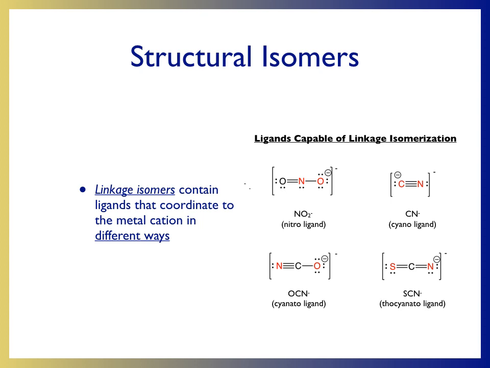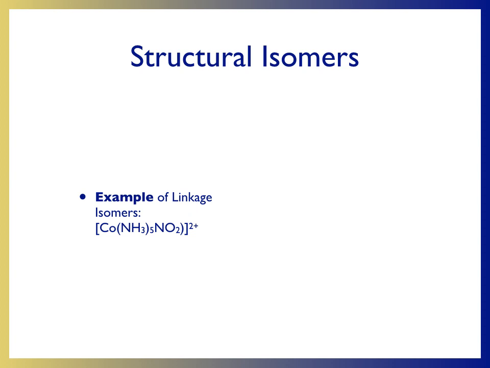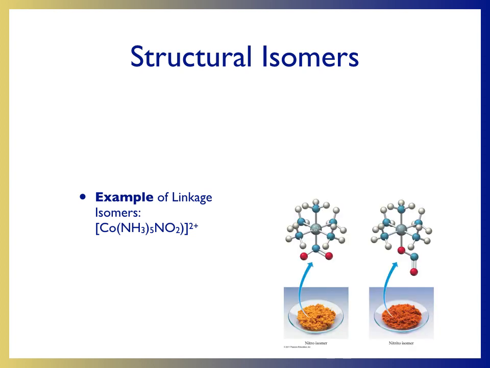Now let's look at an example of a linkage isomer. For this complex ion that forms between cobalt 2 plus, ammonia, and a nitro ligand, there are two different isomers that we can see. These different isomers manifest themselves in slightly different colors of the compounds themselves.